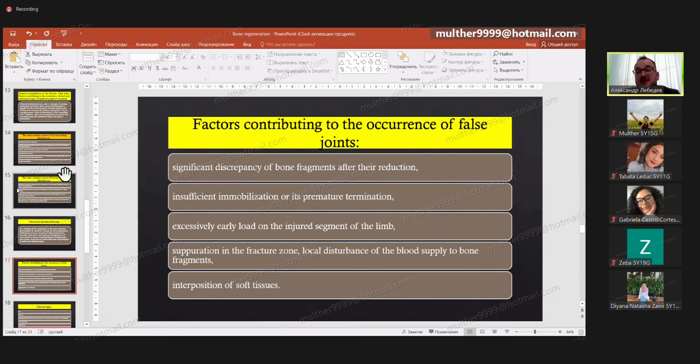But in this situation, some early process happened. What is it? It's avascular necrosis. I told you when I started my lecture about the two different kinds of cells: osteoblasts and osteoclasts. Osteoblasts try to grow new tissue, and osteoclasts destroy or eat the bone tissue.